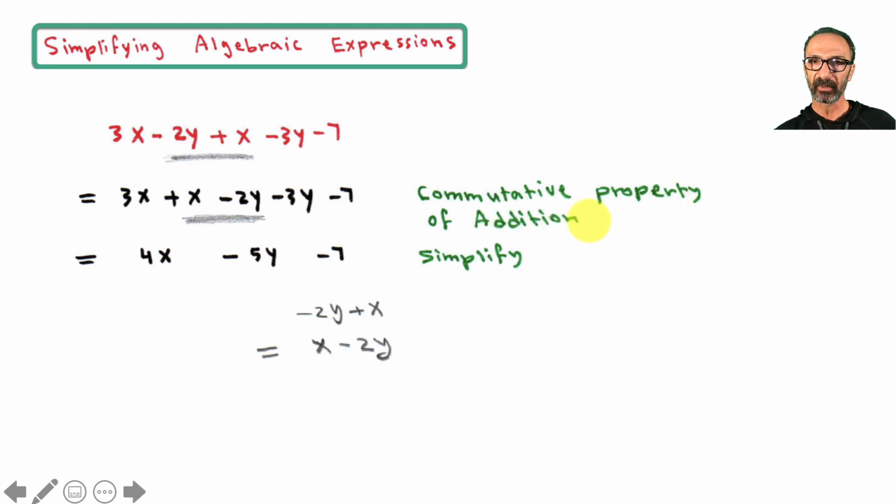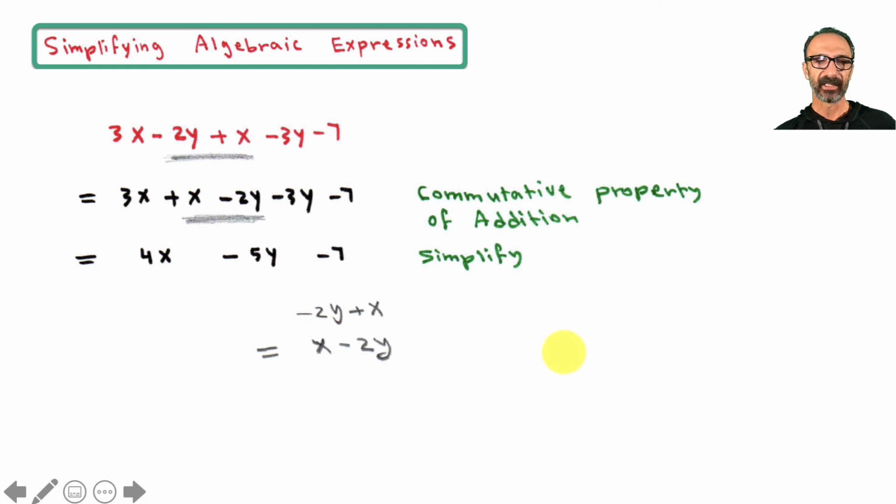That's why we need those properties to refer to and use. Now I could combine these two. We call them like terms. That's a 4x, 3x and one more x. We could combine these two, take away 2y, and also take away 3y. That's take away 5y. This right here, underlined in pencil, is written for you here, that the minus 2y plus x is the same thing as x minus 2y.